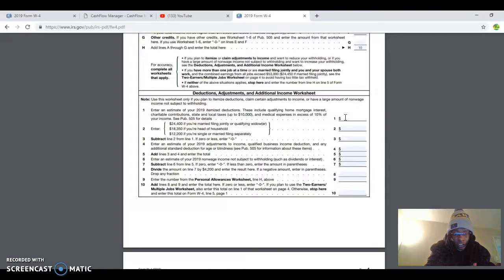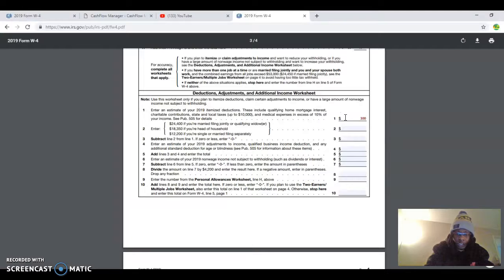If you're head of household, it'd be 18,000. And if you're single or married filing separately, it's 12,000. Well, I'm married. Mine is 24,400, but whatever that number is, I want you to add 6,000 to that, so my total would be 30,000 right there. Okay, so that'd be my number.